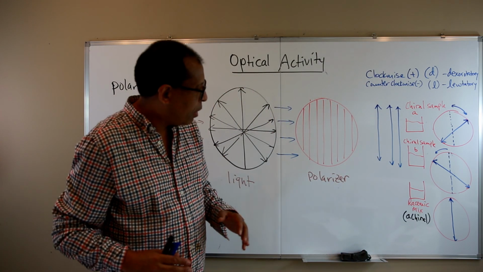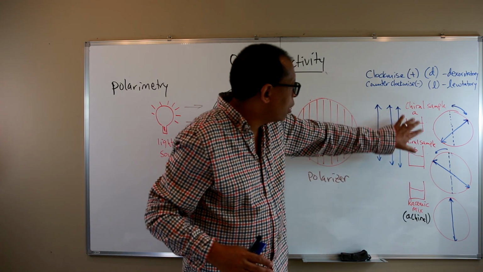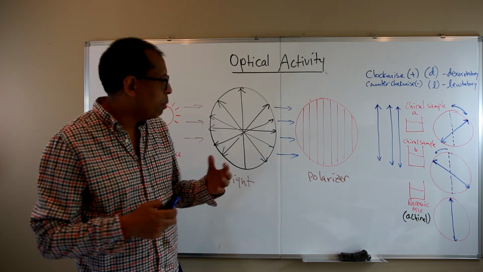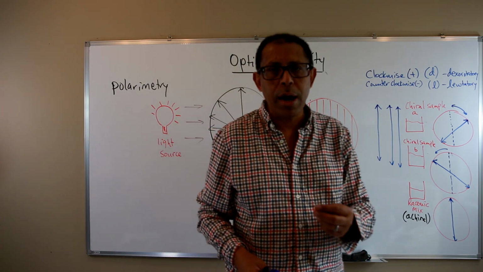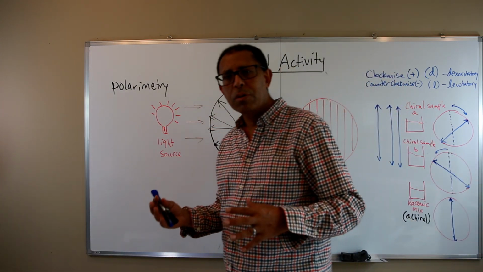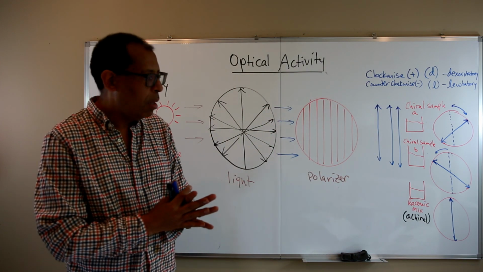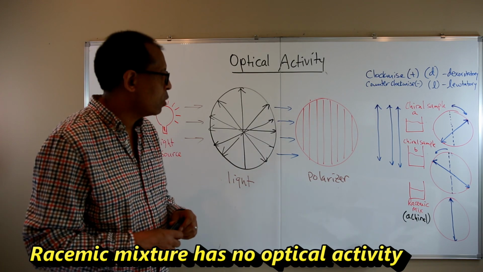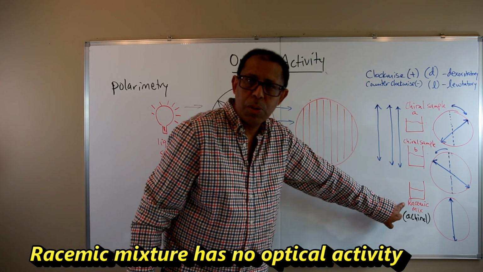When you have a chiral compound, a mixture of A and B, meaning a mixture of equal amounts of R and S, those mixtures are called a racemic mixture. So this is a new term you need to learn.